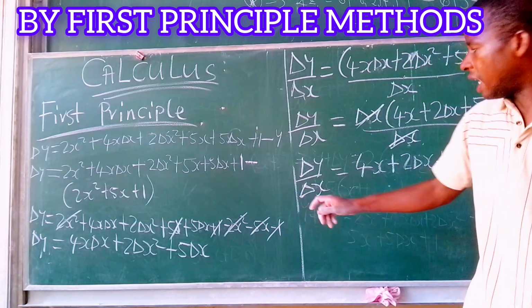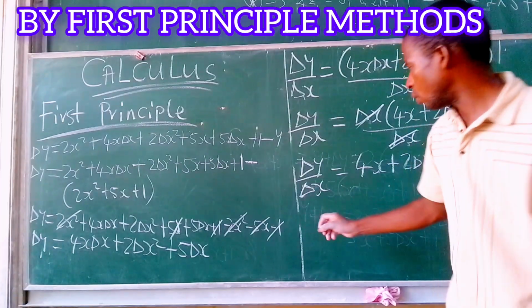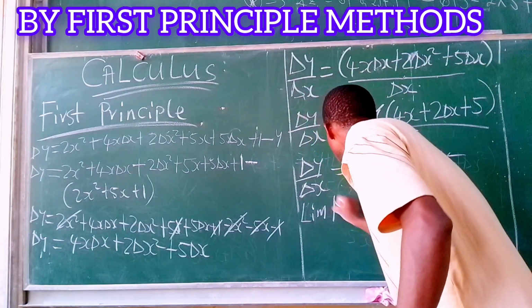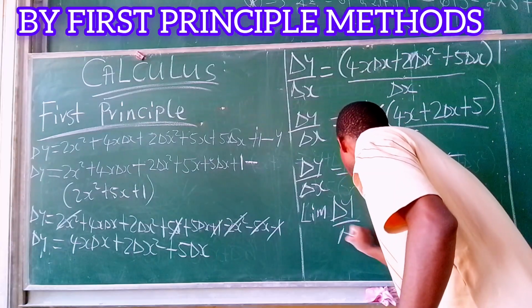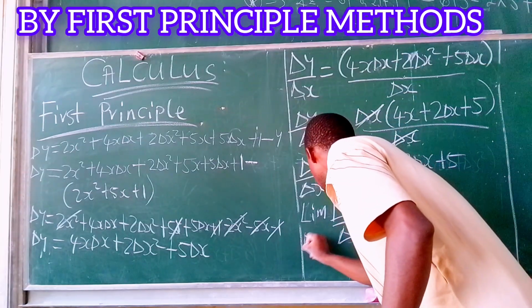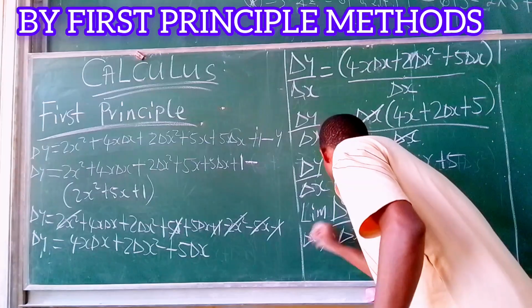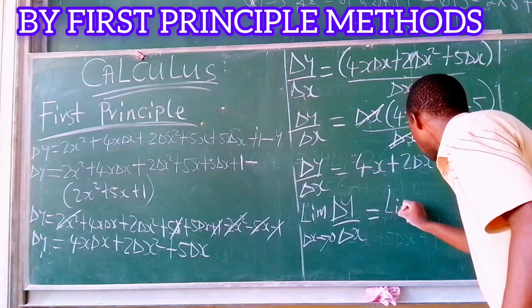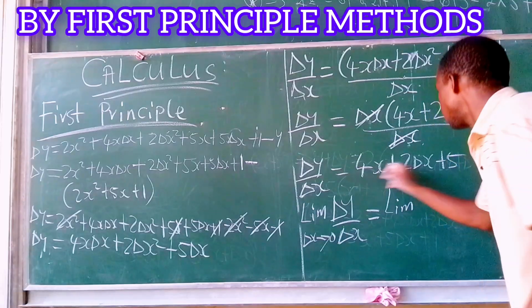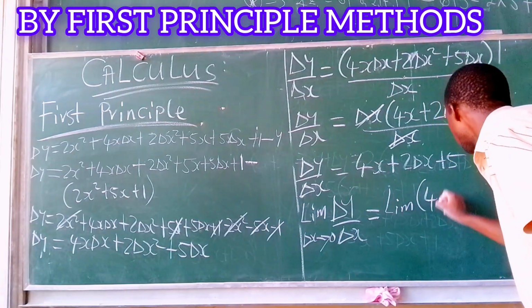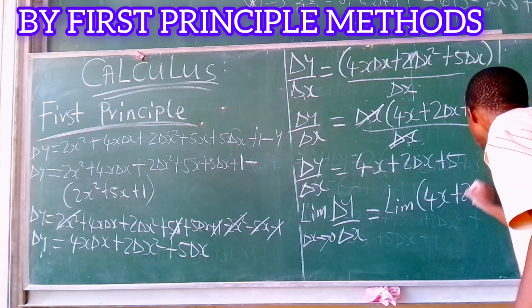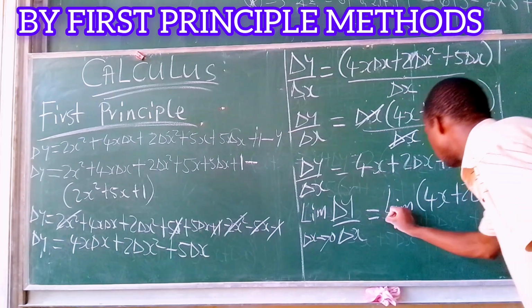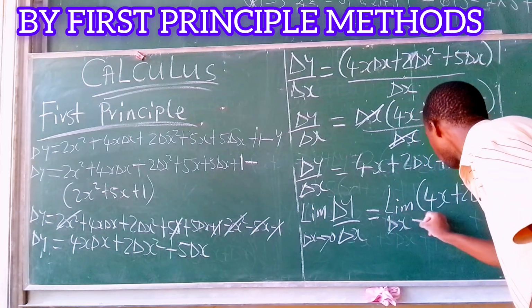Now let's take the limit as capital dx tends to 0. The limit of capital dy over dx as capital dx tends to 0 is equal to the limit of this entire function, which is 4x plus 2 dx plus 5, as capital dx tends to 0.